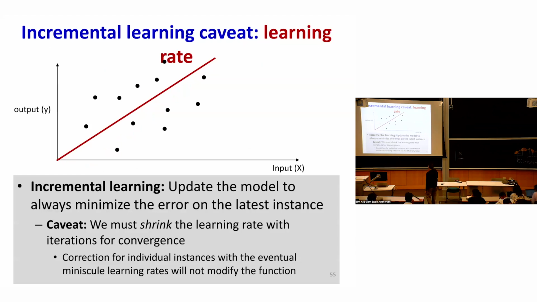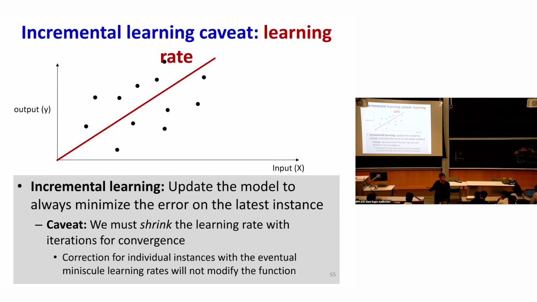And so in the incremental learning, you want the update model to always minimize the error on the latest training instance. This is what we are doing. But then we must shrink the learning rate with iterations for convergence. And so the correction for individual instances with the eventual minuscule adjustments will eventually not change the function too much, and it will stabilize, hopefully, to something that makes sense.